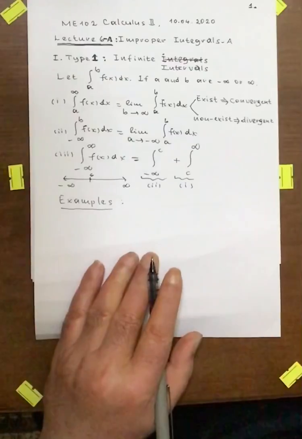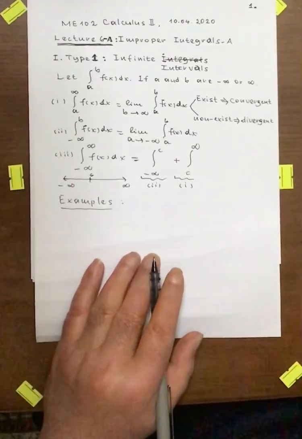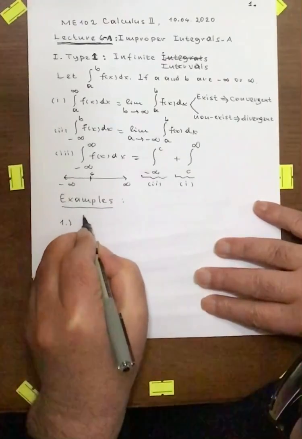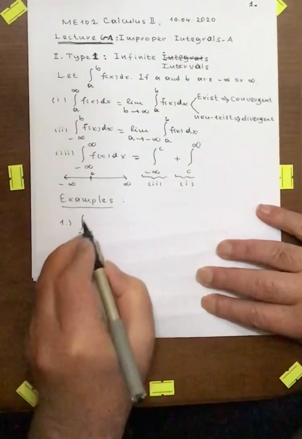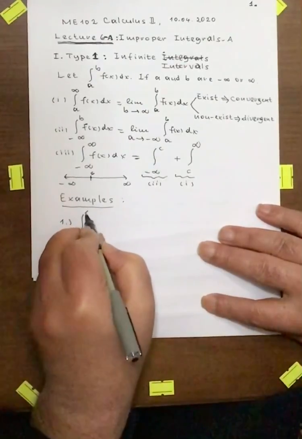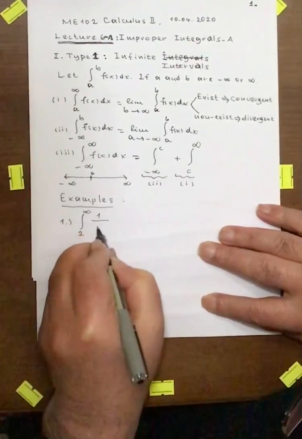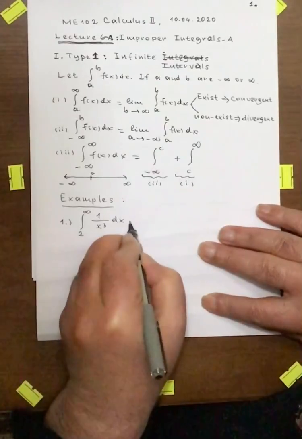Our first example is 1: integral from 2 to infinity 1 over x cube dx.